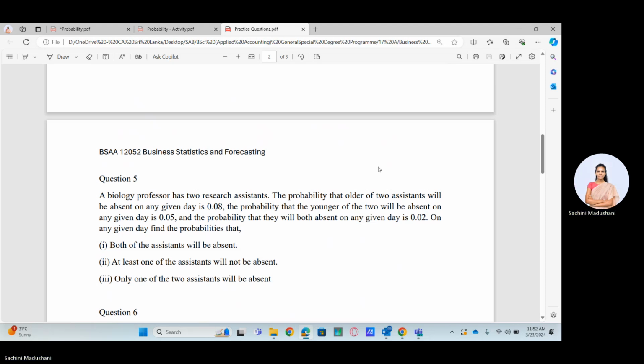Then check the sum. What is the answer for part 3? 0.09.